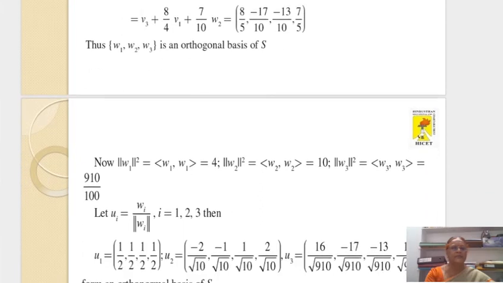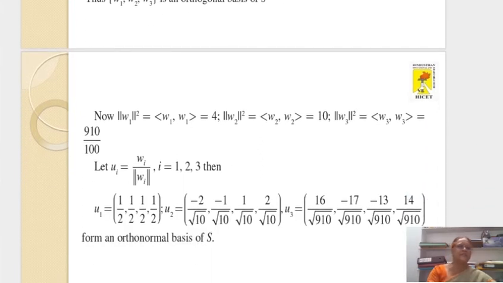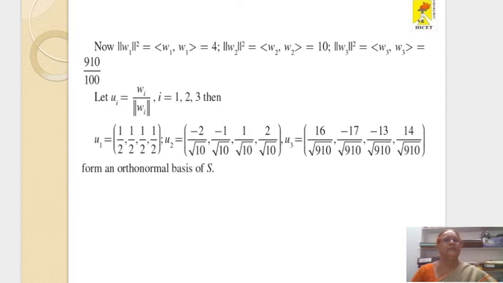Next we have to find out an orthonormal basis. The formula is Ui equal to Wi by norm Wi. Now we know how to find out norm W1 square, which is nothing but inner product of W1, W1, which is 4, and norm W2 square, which is inner product of W2, W2, which is 10, and norm W3 square is inner product of W3, W3, value is 910 by 100.